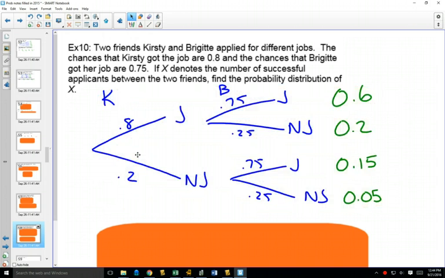What I decided to do is look at Kirsty first, and then Bridget, and then Kirsty getting the job or not getting the job, and then Bridget getting the job, not getting the job, getting the job, not getting the job. I saw some different notations going around.